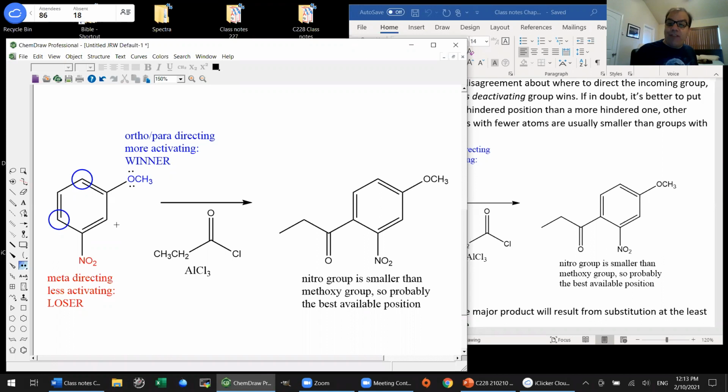We talked about why that is last time. We gave two different rationales as to how electron donating groups make a benzene ring especially activated towards electrophilic aromatic substitution. One argument we gave based on the structure of the intermediate that you get after the initial addition.